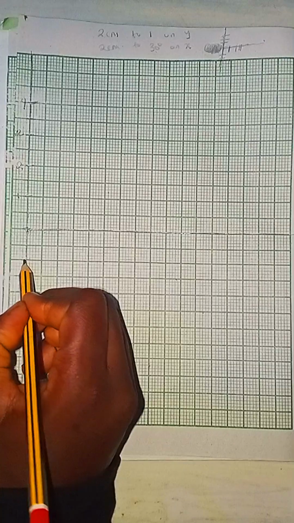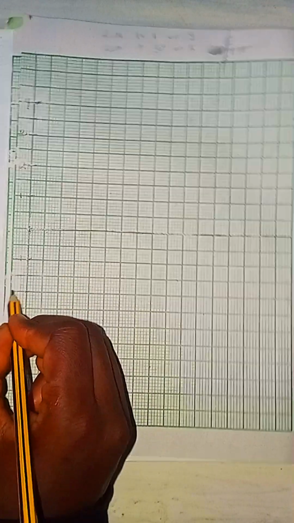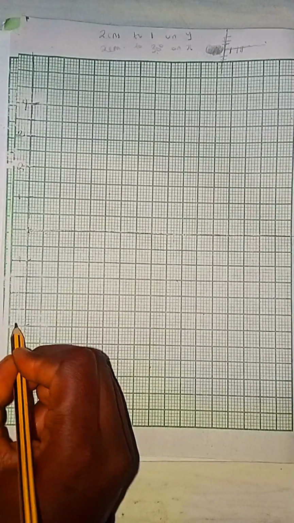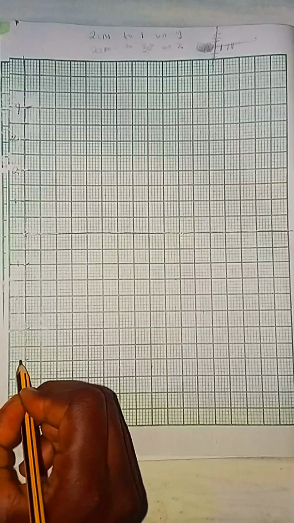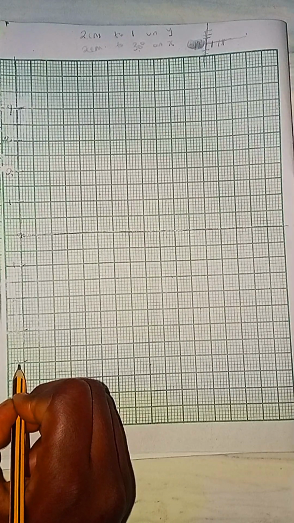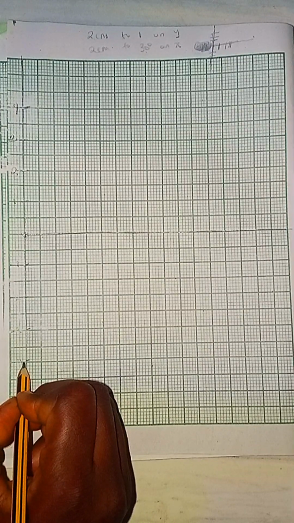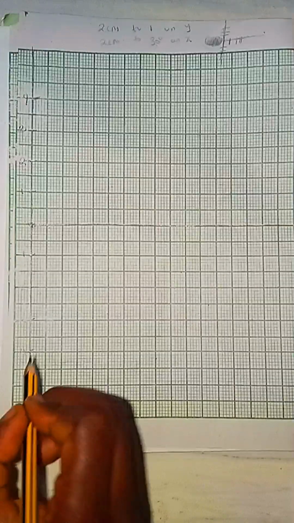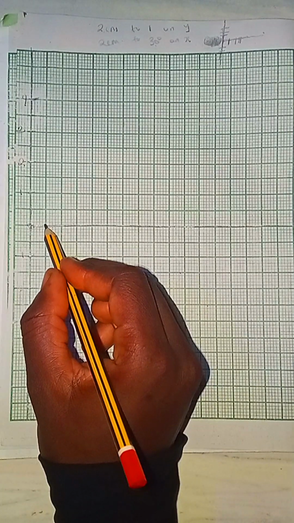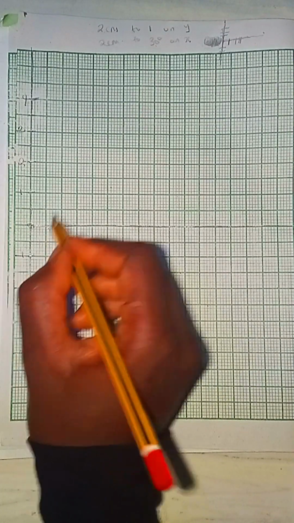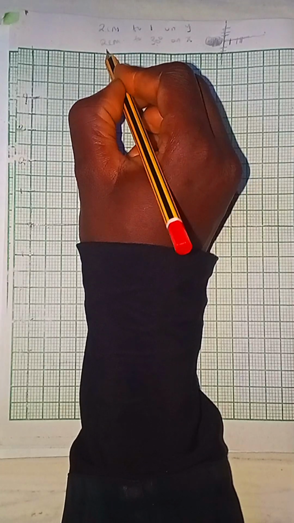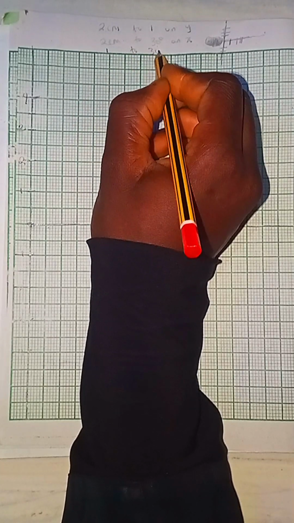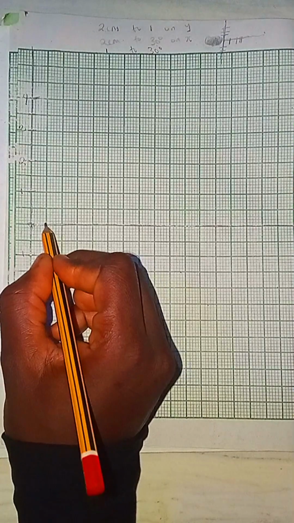The same thing, -1, -2, -3, -4. But because my graph will not be enough to use 2 centimeter to 30° on the x-axis, I'm using 1 centimeter to 30° in this case on my x-axis.